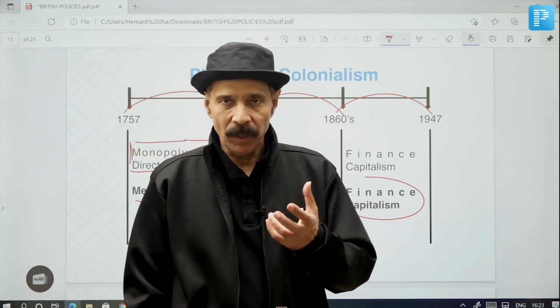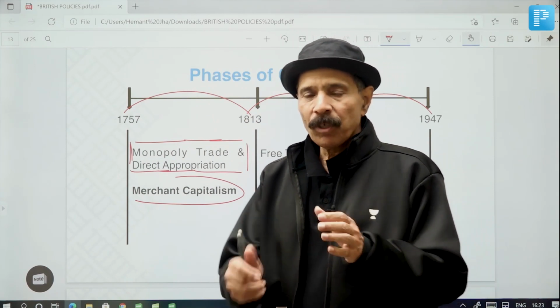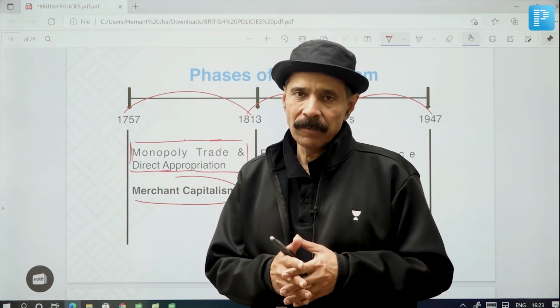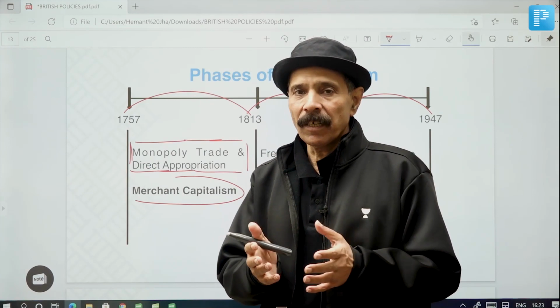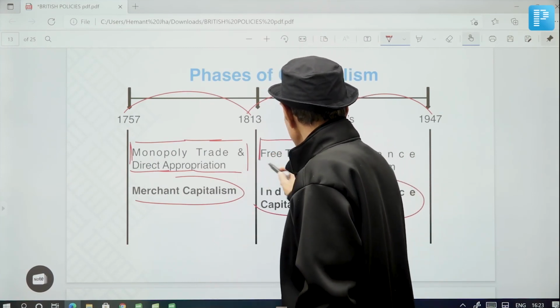Company had got monopoly rights. But these monopoly rights were gradually ended. First by Charter Act 1813, then by Charter Act 1833, and there began thereof free trade, 1813 onwards.